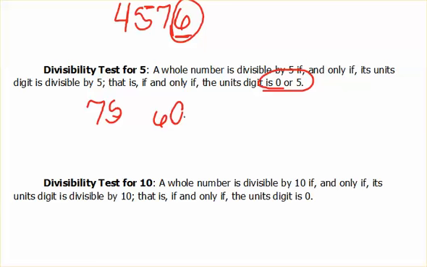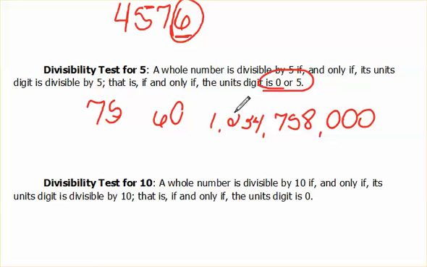Or what about this number, 1234758000? That's a big number, but we can tell automatically that it's divisible by 5 just by looking at that last digit.